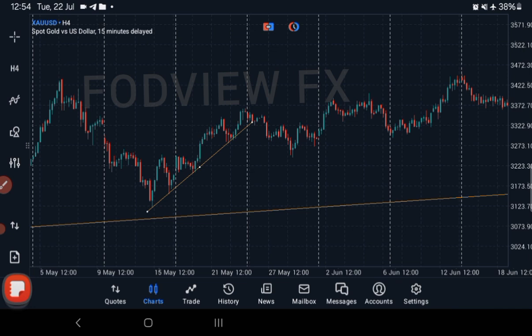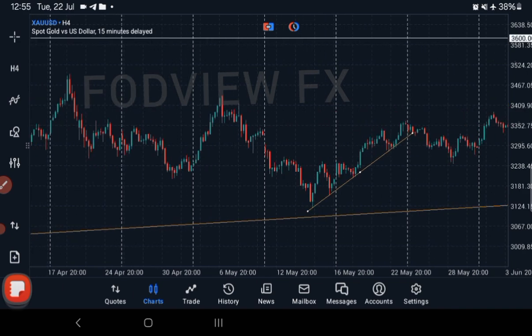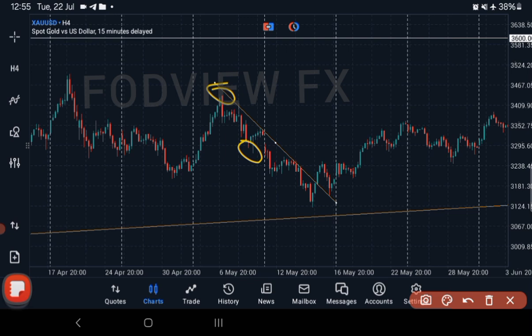Now, let's look at how you can place your trend line on a bearish trend. We don't need to go far. It was bearish at this point. Look at it. It makes a lower high here, a lower low here, another lower high, and a lower low.